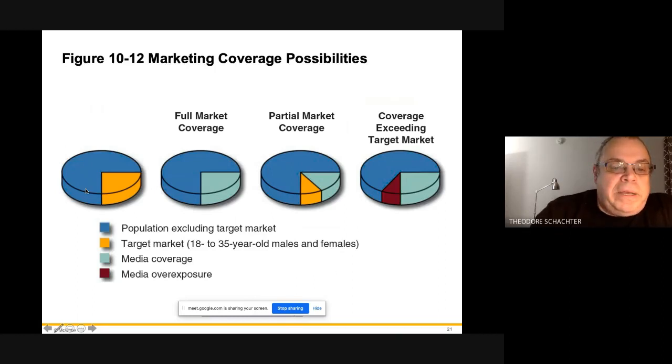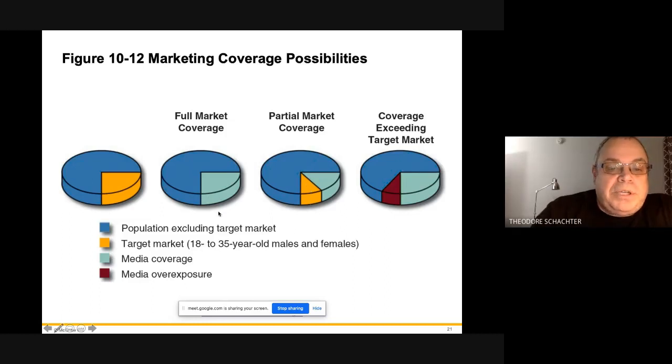This part right here is the population. You see this dark blue, whatever color it is? This is the population that does not include your target market. So these are the people you do not want to reach. The target market is in yellow, so it's here and here.